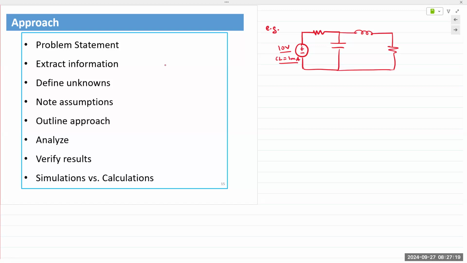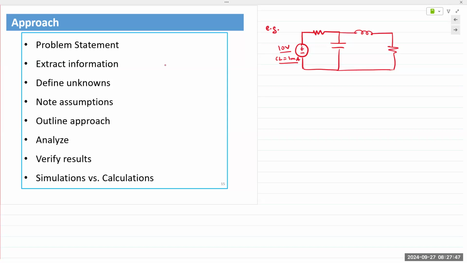Can anyone still understand me? And so when I say extract information, you're looking at each and every component in the circuit diagram, even down to the smallest detail. Okay. So the source value would be written on there, plus the current limit. All of that could affect the circuit in multiple ways.